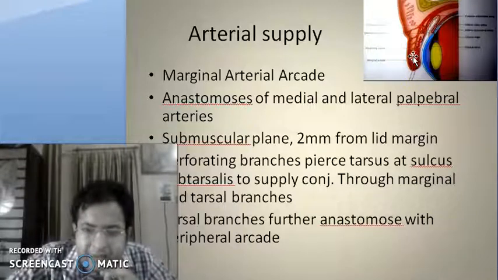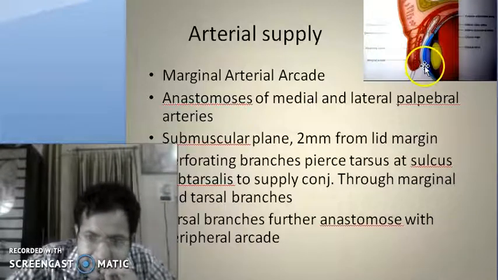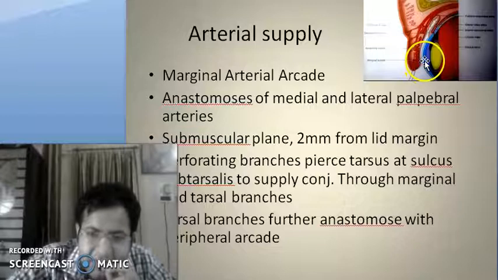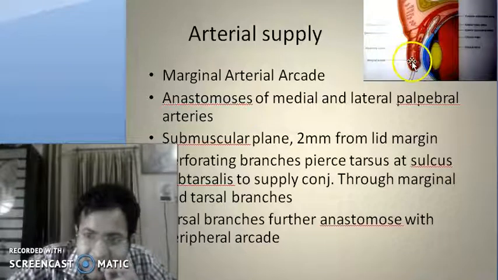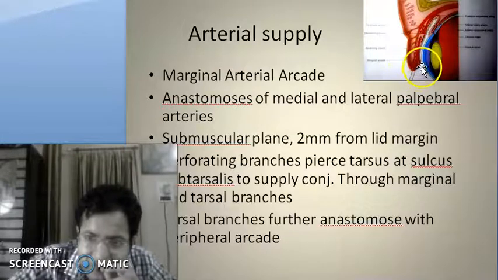And it gives perforating branches which pierce the tarsus at the sulcus subtarsalis. Sulcus subtarsalis is a groove 2 mm behind the posterior lid margin. It gives off the perforating branches which pierce the tarsus at the sulcus subtarsalis to supply the conjunctiva.